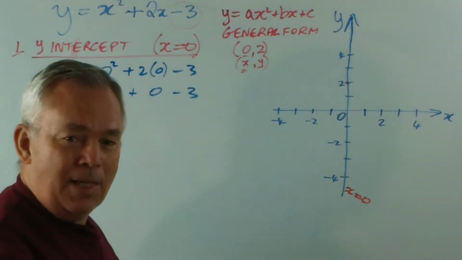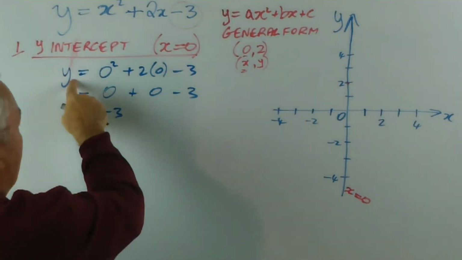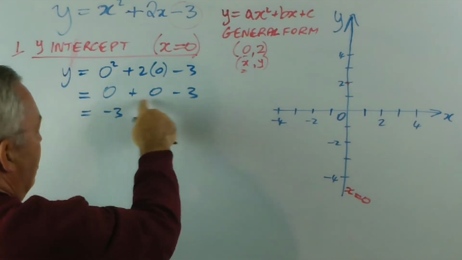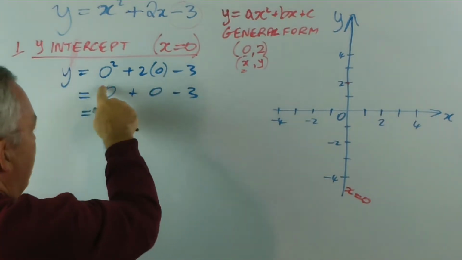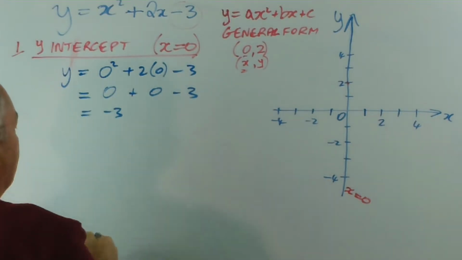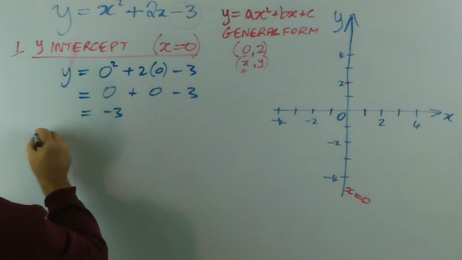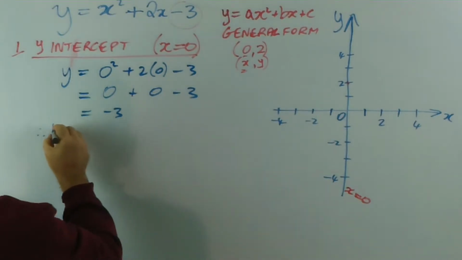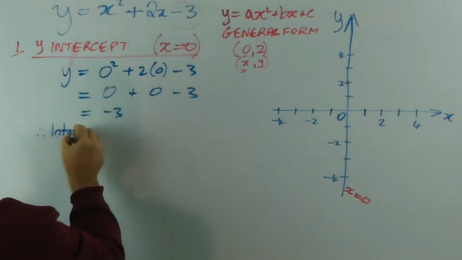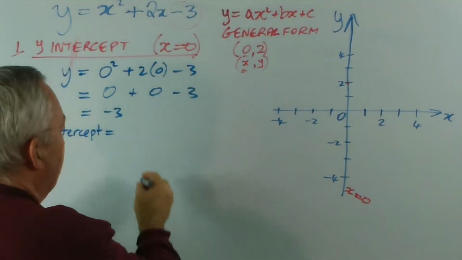Nonetheless, in a test, when you're demonstrating your skill, I think it's good sometimes to show this line. I wouldn't necessarily show the middle one, but I would write this to show that I've substituted x equals 0, got this result, and then I would draw a conclusion. I would say, therefore, the y-intercept equals, and I like to give it a letter.